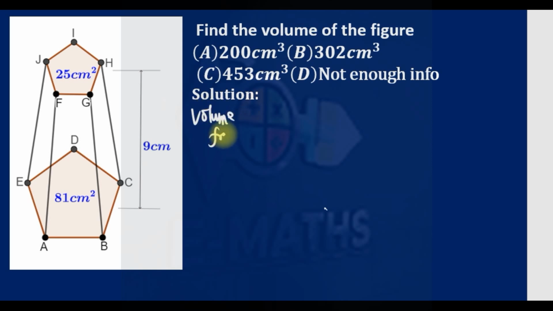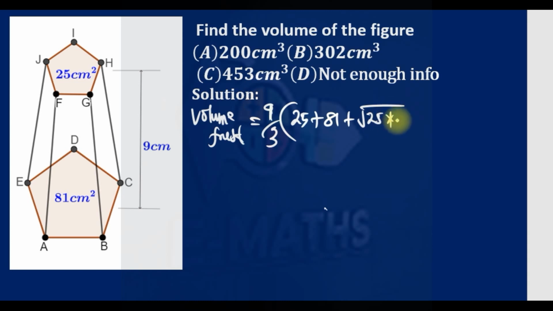So applying the formula now, volume of the frustum is now h over 3. Our h here is 9. And what's the area? A1 is 25, A2 is 81 plus square root of 25 times square root of 81.